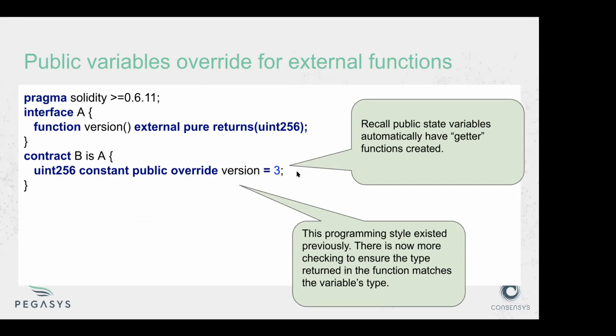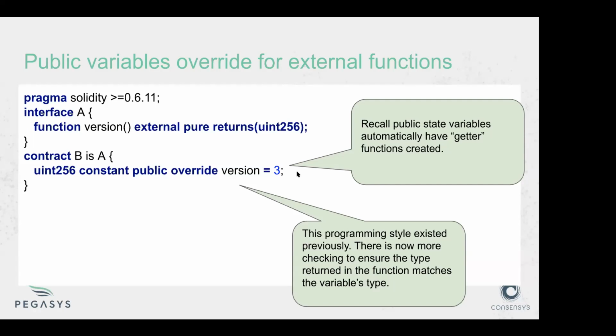Another interesting feature is that when you have a field that is in storage and you define it as public, then you automatically have an accessor function created for it. So for this constant here, because it's public, you would automatically have a function called version created, and you could access the value.